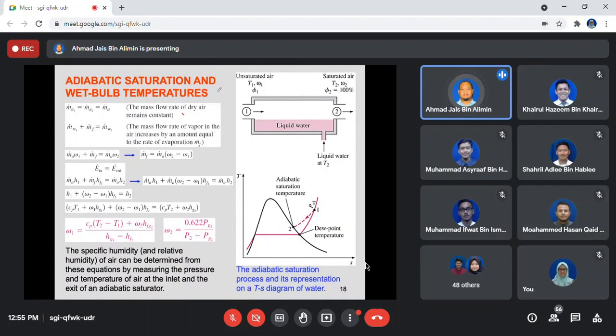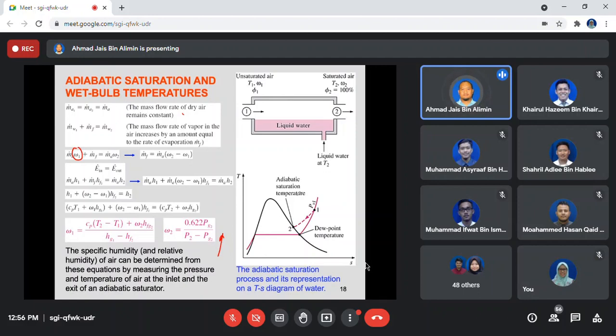The humidity ratio, or specific humidity, is one, and the other is phi, where phi is the relative humidity. The specific humidity and the relative humidity of air can be determined from those equations here, and you can measure the pressure and temperature, and determine the amount of humidity in that process.